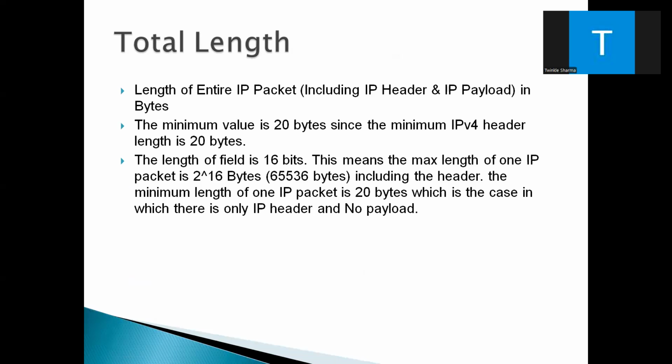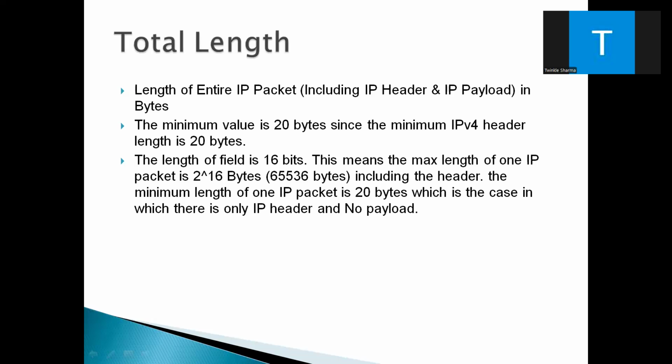This means the maximum length of one IP packet is 2^16 bytes, which is equal to 65,536 bytes, including the header. The minimum length of one IP packet is 20 bytes, which is the case in which there is only IP header and no payload.